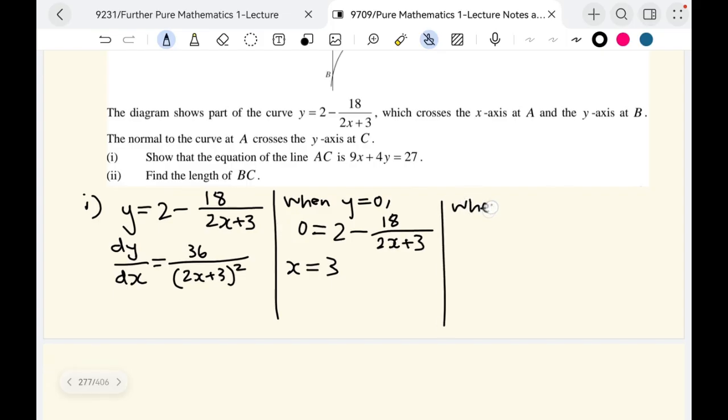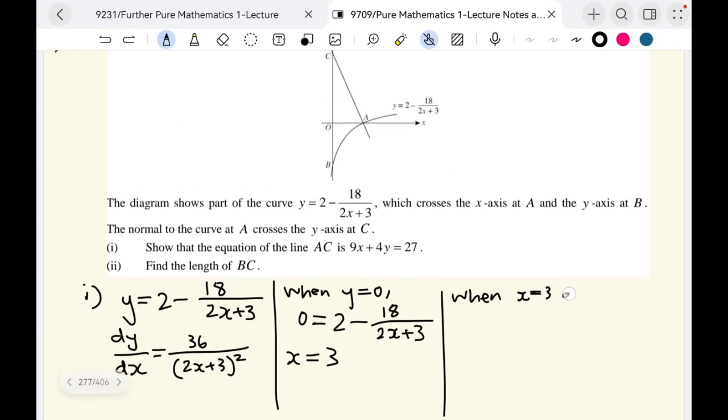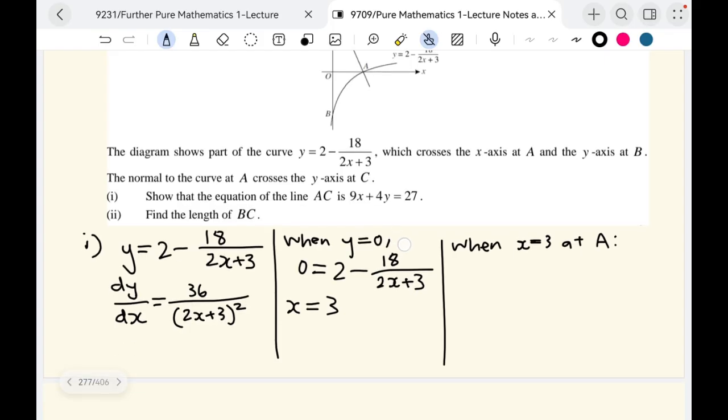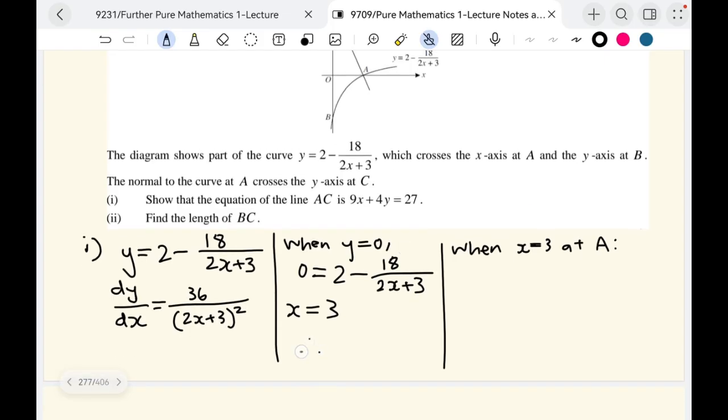So when x equals 3 at A, the dy dx is 4/9.